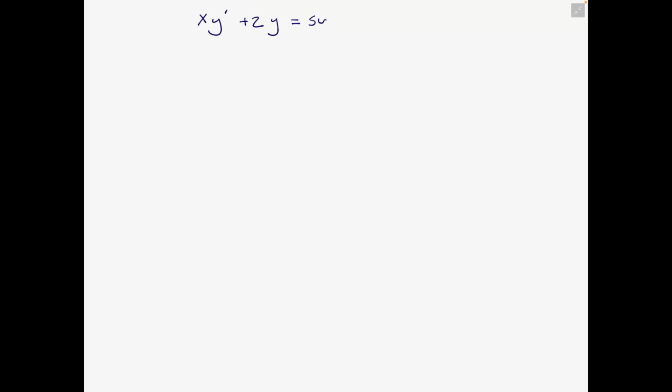That way you can see the process right from beginning to end. And here we're given y of pi is equal to 1 on pi.